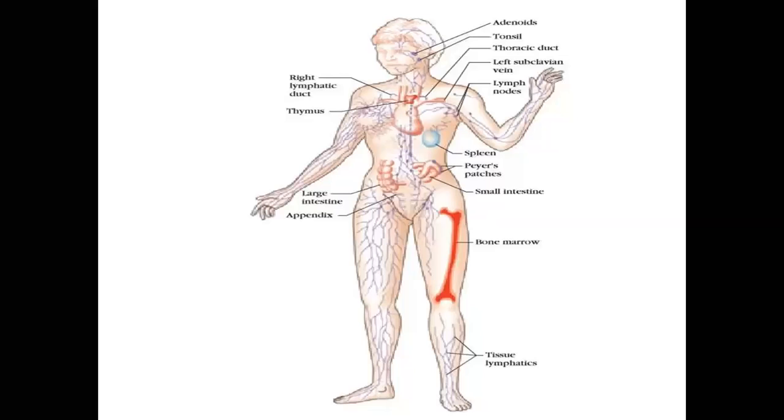Then the thoracic duct, the thymus in this area, the spleen, Peyer's patches, large intestine, appendix, small intestine, bone marrow, and lymphatic tissue. Everything named here is a different kind of lymphoid organ.